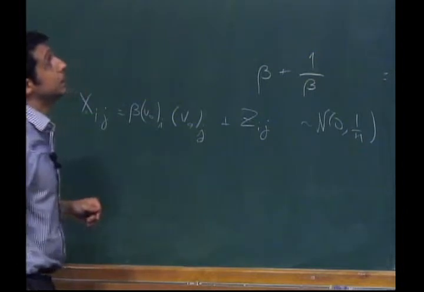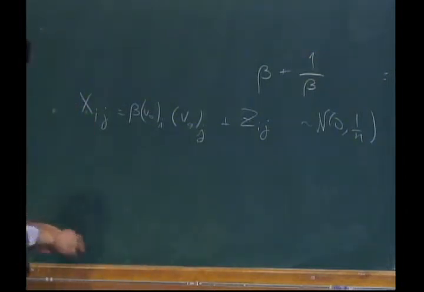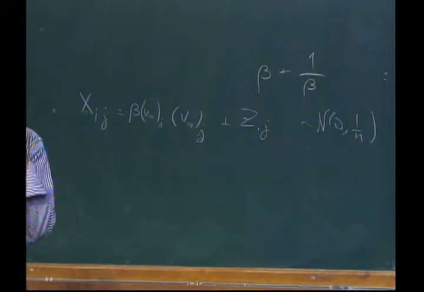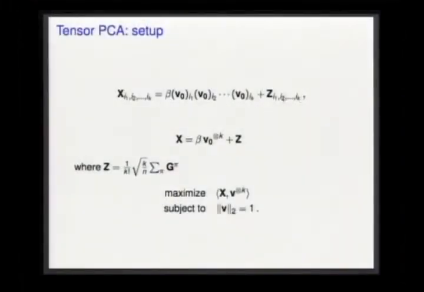In this case, we build such a tensor so that it is symmetric, and here there are k different indices. The symmetry of this tensor can be obtained by first building a tensor G, which has n to the k independent entries, applying all the permutations in the group of permutations of k elements to the indices of this tensor, adding up all those tensors and normalizing by 1 over factorial k.